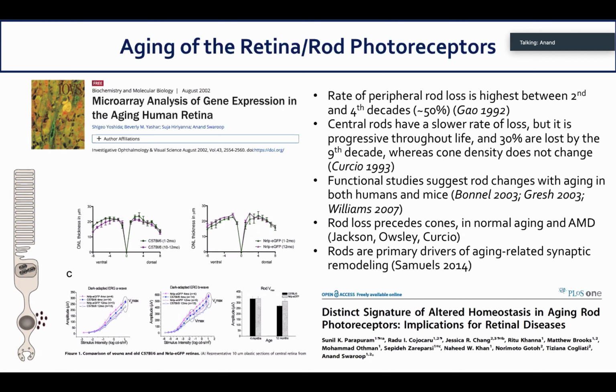And being a photoreceptor chauvinist, here I am trying to convince you that rods are probably the most important cells in the retina. Anyway, we began to do a little bit more studies of our own, and this is from one of the papers published in 2010 in PLOS One. This time, we purified rod photoreceptors from NRL-GFP mouse at different ages and did microarrays.